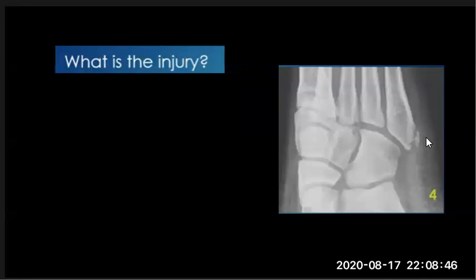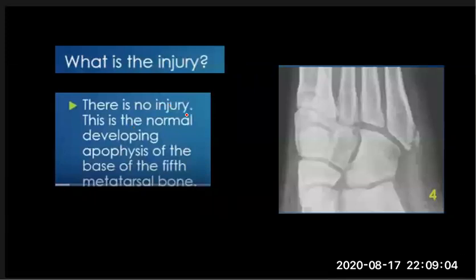This is the apophysis of the fifth metatarsal bone here, and you see it vertical in position. So what is the type of injury? As he said, there is no injury, because this is a normal apophysis. Okay, so this is normal.